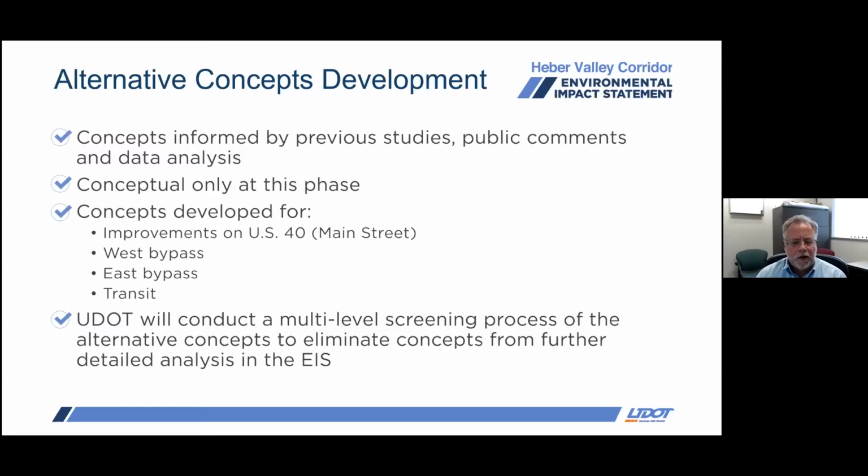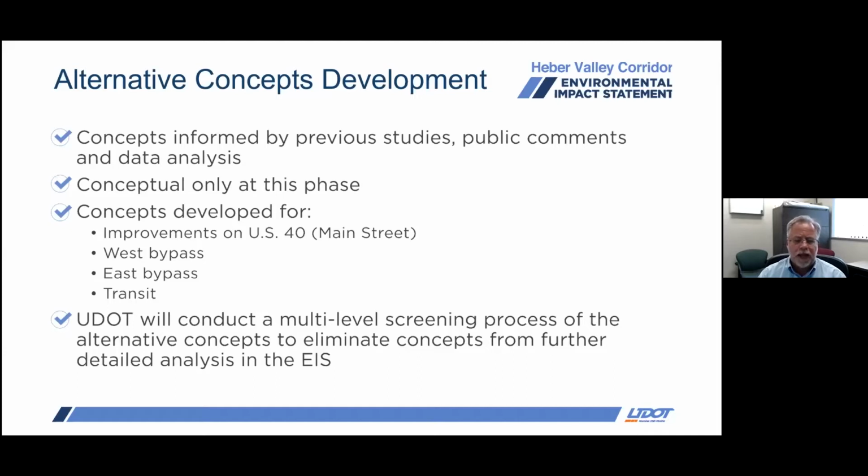But we want you to know that we are following the NEPA process that requires us to look at a lot of alternatives. I know back in the scoping phase of the project, we were asked to take a step back and make sure that we took a look at all the alternatives, and that's what we're doing.